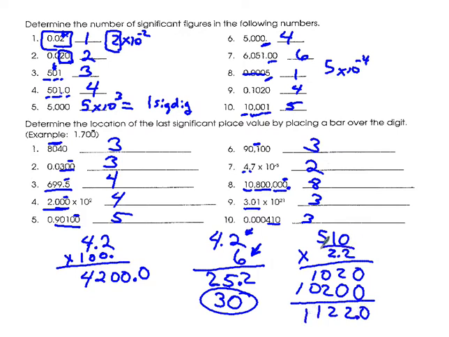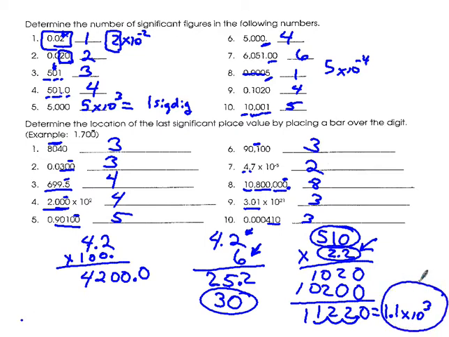I have 2 significant digits here, 3 significant digits here. This is my least significant. It has the least number of significant digits, so I can only have 2 significant digits. So this would actually become 1.1 times 10 to the 3rd. So that would be the answer. I would just write it in scientific notation and make sure I only had 2 significant digits.